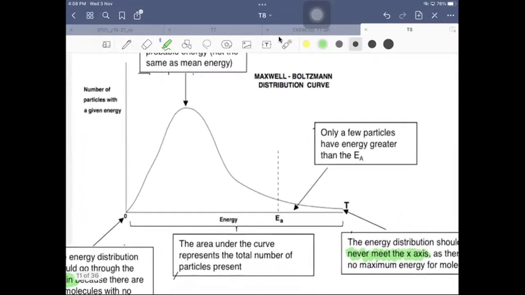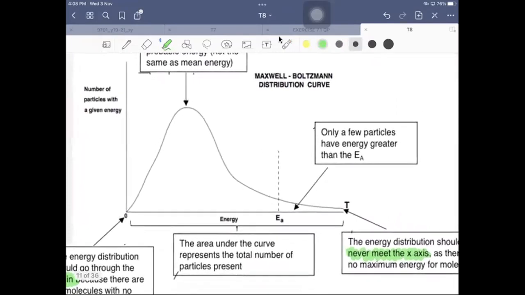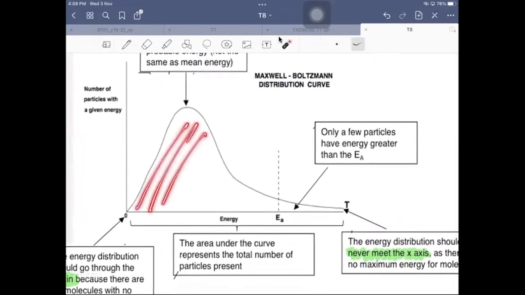As mentioned earlier from the previous slide, the area under the curve represents the total number of particles. So here, this tells you the total number of particles in my container. In this Maxwell-Boltzmann distribution curve, my activation energy is usually towards the tail of the graph.